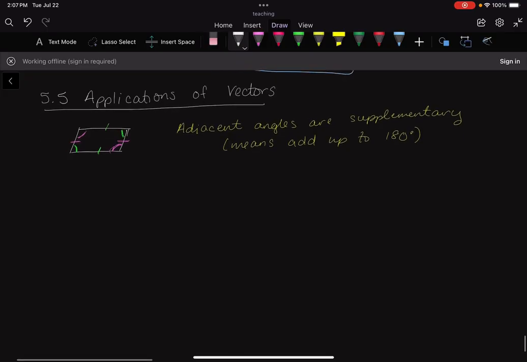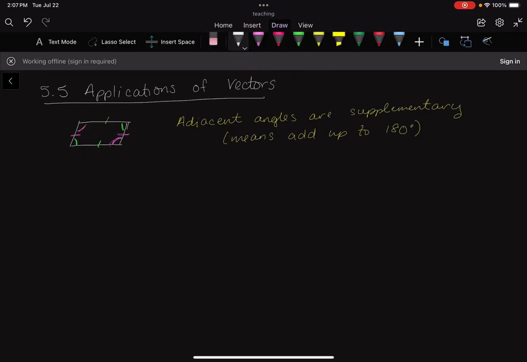Also, just some geometry review. If you have two parallel lines that are cut by a transversal, we can see some different stuff. One, alternate interior angles are equivalent to each other.